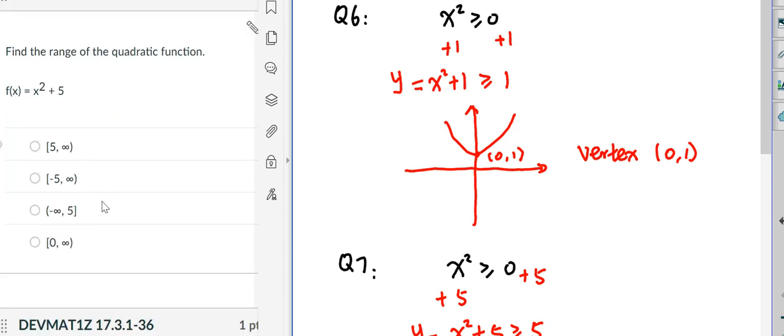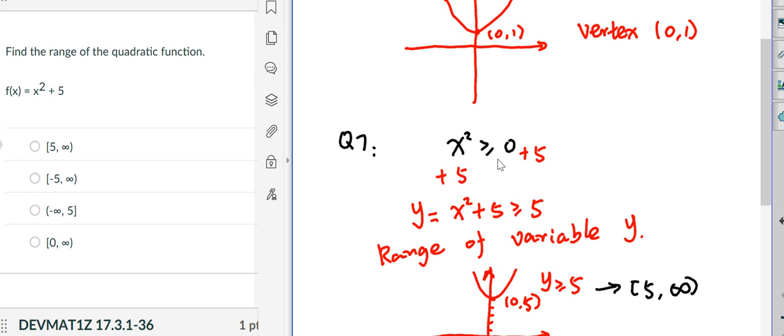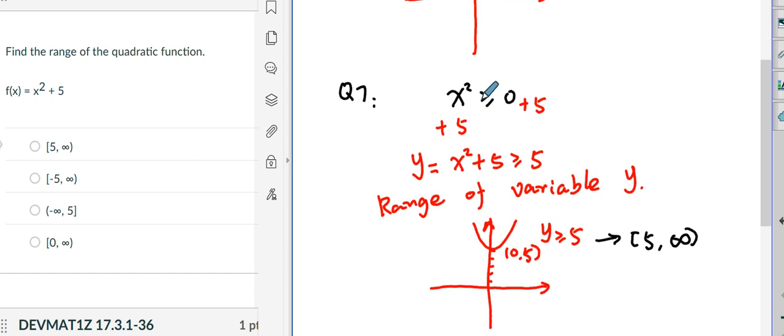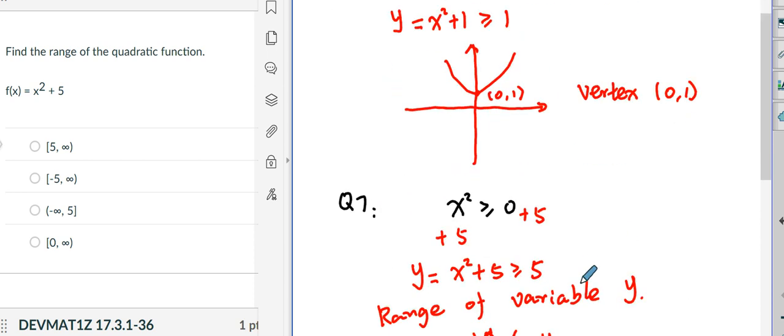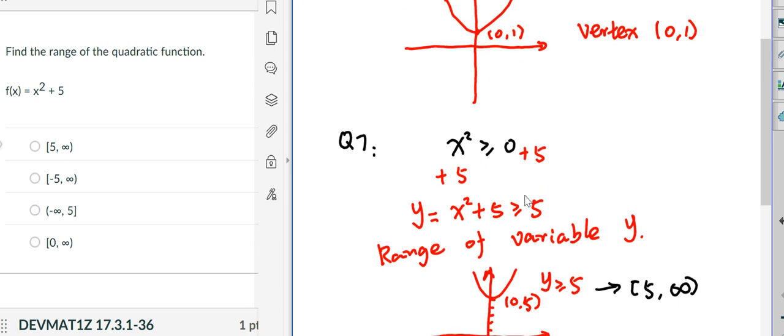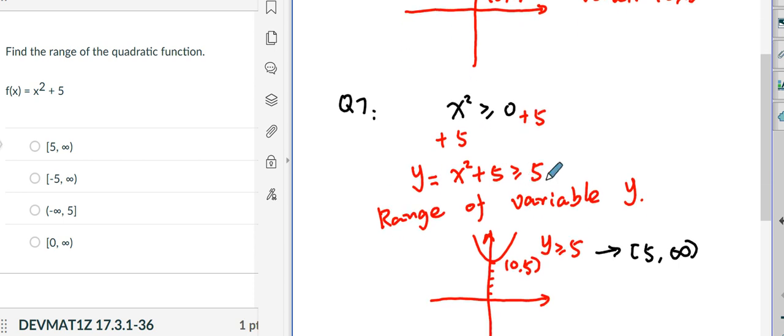Okay. Second one is the same. It's just what? Add 5. So in this case, you will do the same algebra. X squared is greater than or equal to 0, that's for sure, like what we did for this one. Now if you add 5 on both sides, you can see we have x squared plus 5 is greater than or equal to 5.